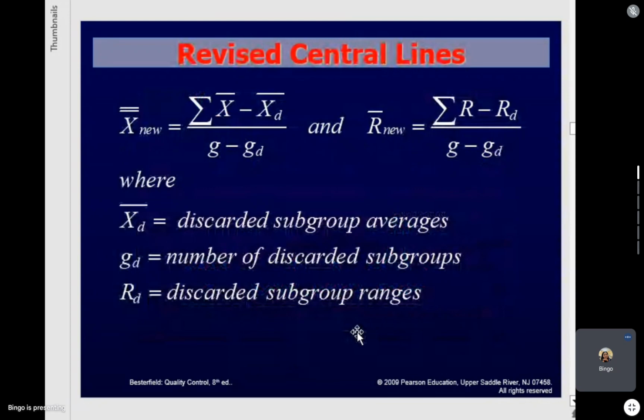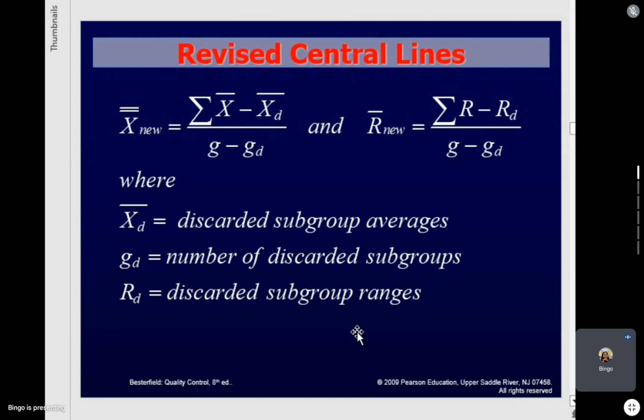Okay na yan. Then for your revised center lines, so you'll have there your x double bar. So for the revised, you're going to use this one, summation ng x bar minus the discarded subgroup averages, divided by, ano nga ba ang g natin dito?